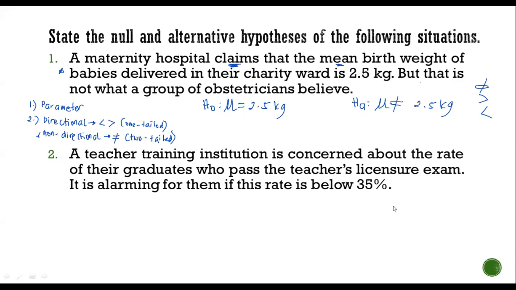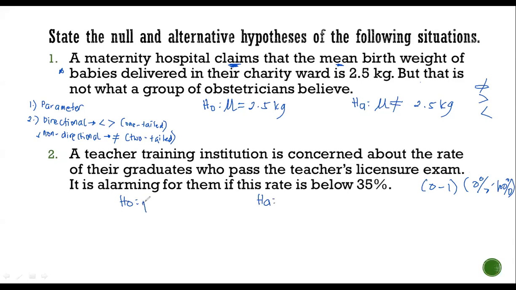Okay? Very good. So, obviously, proportion yan. Ang proportion ulit, either naka-decimal value from 0 to 1 or 0% to 100%. Alalahanin. At dito sa problem, obviously, may percentage dyan. Alam na natin yung parameter. Sulat na natin. H0, Ha.